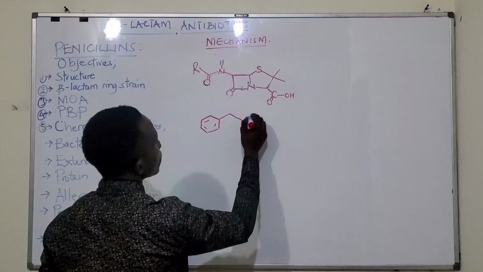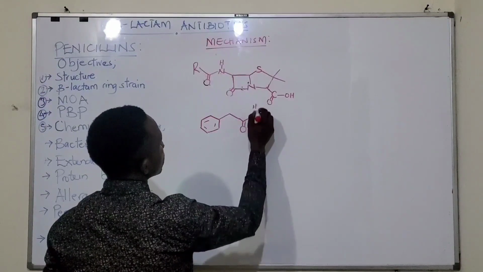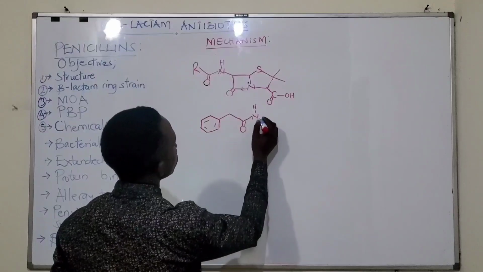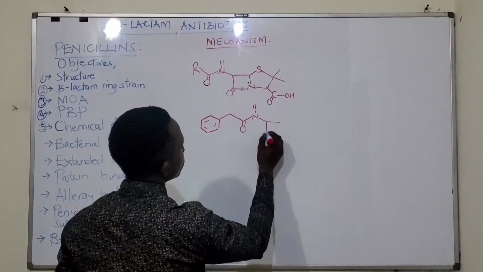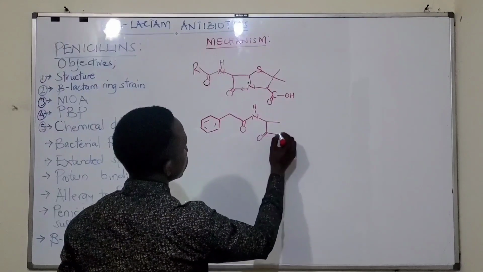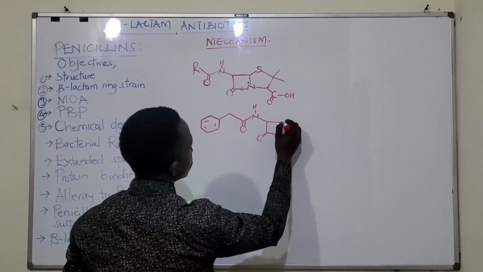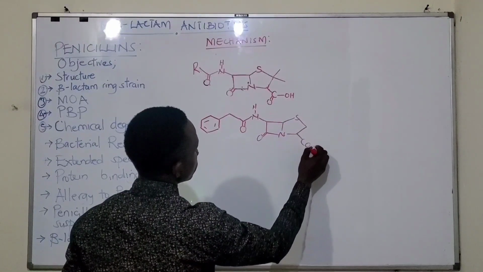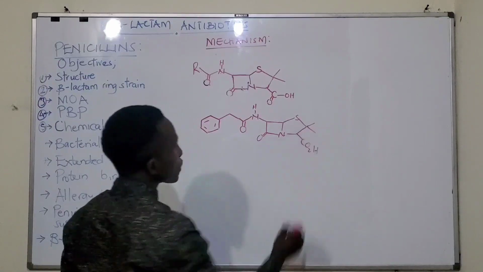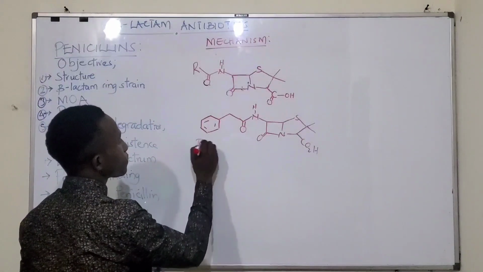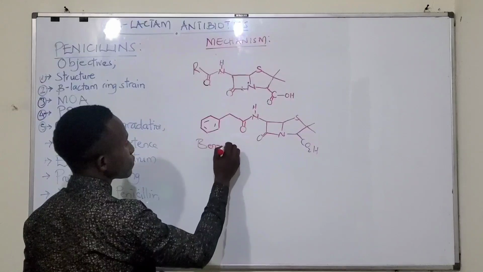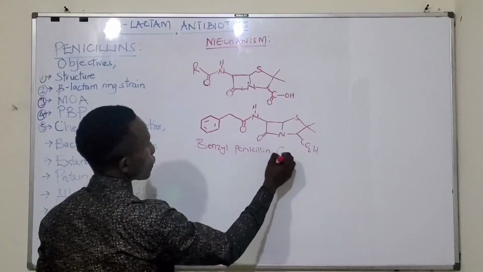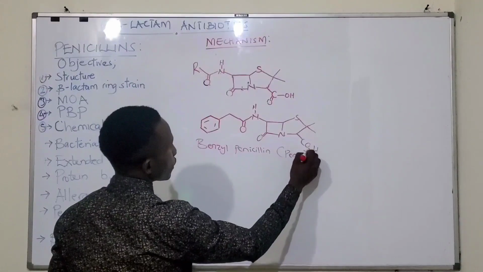So at the R group, we have a benzyl group. This is the benzyl penicillin, or PNG.